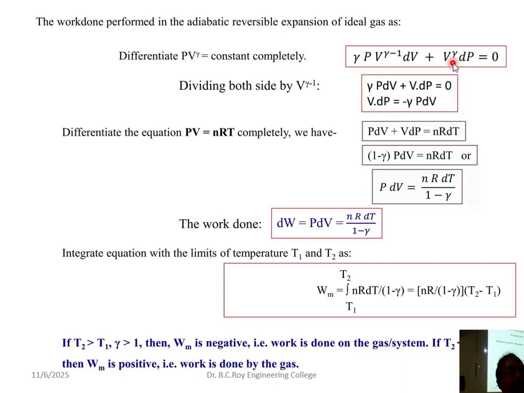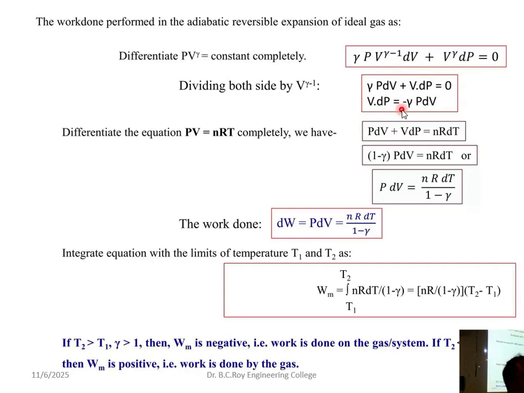If you do the differentiation of a constant, what do you get? 0. So now PV to the power gamma equal to constant. If you do differentiation on both sides, we get gamma P V to the power gamma minus 1 dV plus V to the power gamma dP equal to 0. Now we are dividing by V to the power gamma minus 1. So you get this relationship.